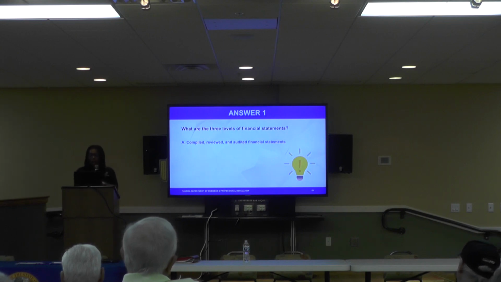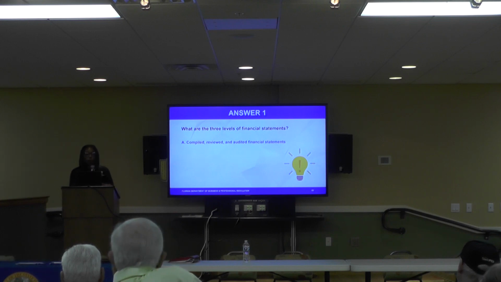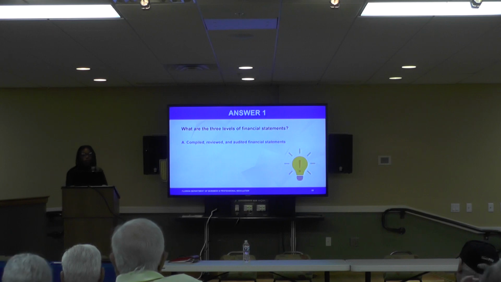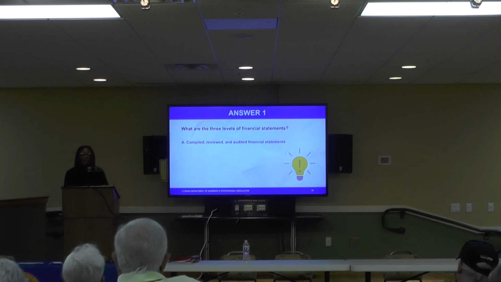Compiled statements are for when revenues are equal to or greater than $150,000 but less than $300,000, and has an accrual method of accounting. Reviewed statements are when revenue is equal to or greater than $300,000 and less than $500,000. This has an accrual method of accounting and must be completed by a Florida licensed CPA.